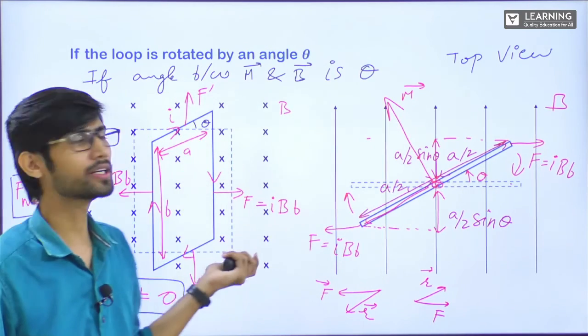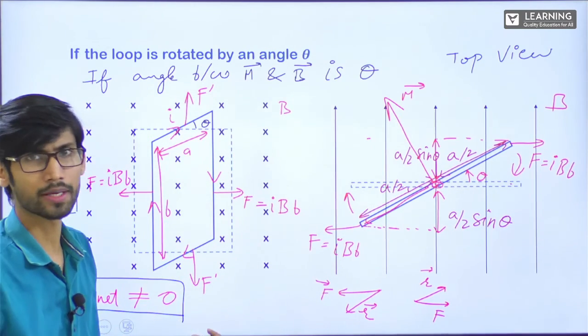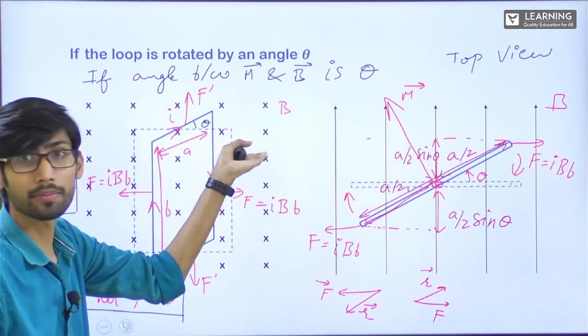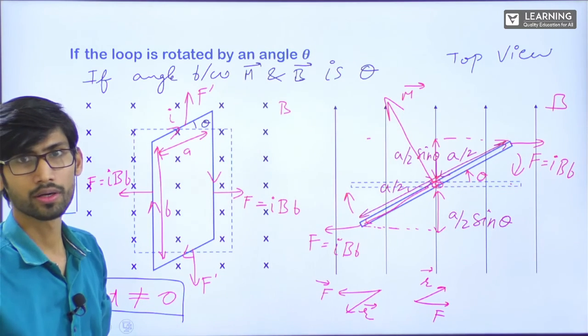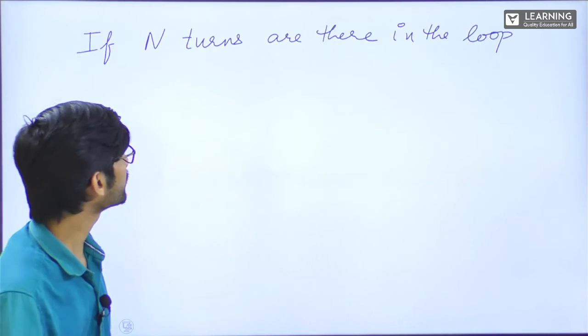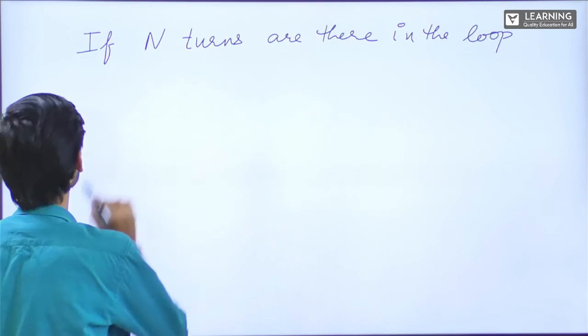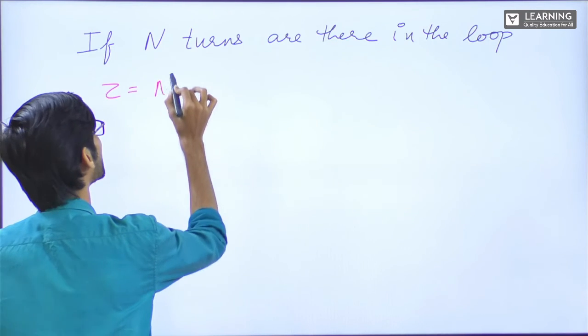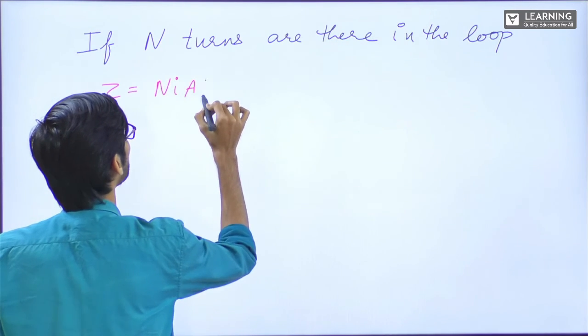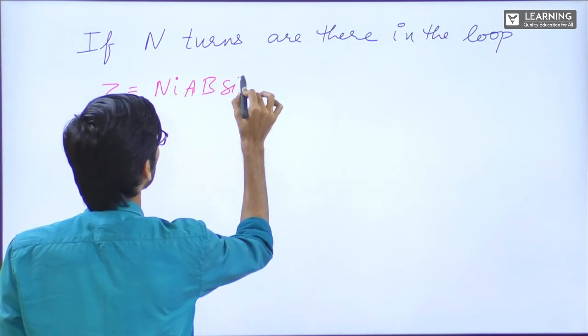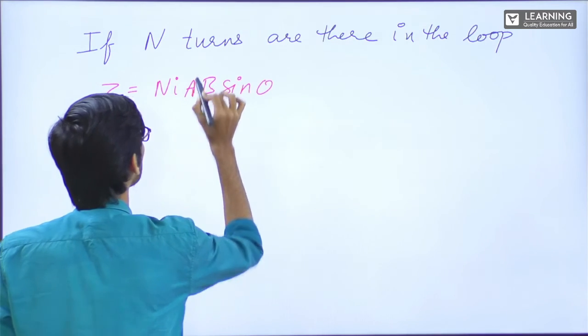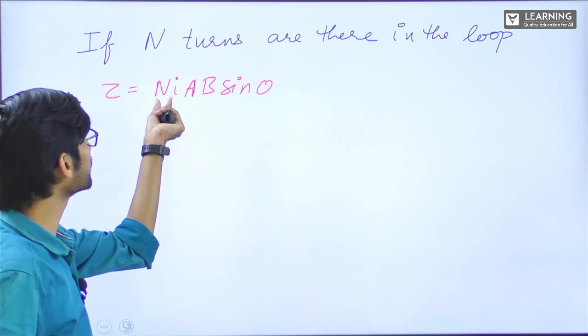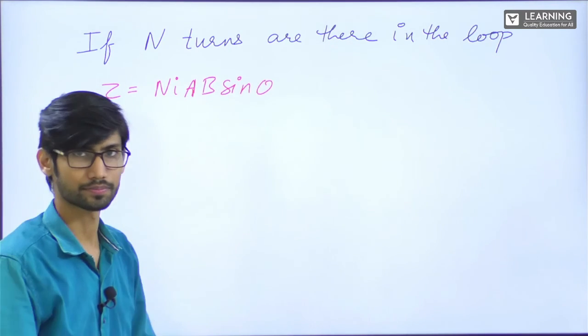If the current becomes n times, rest everything will be same. Area will be same. Magnetic field is the external magnetic field, that will be same, right? Only current will be changed. So here torque will be equal to n times IAB sin theta. Clear? Everything is same, only the current became n times, nI.